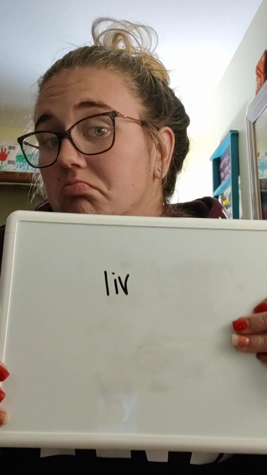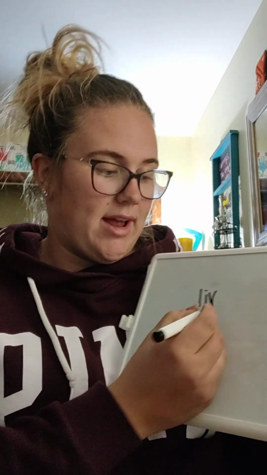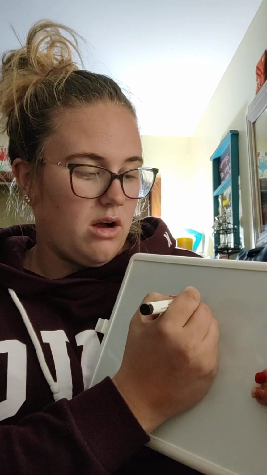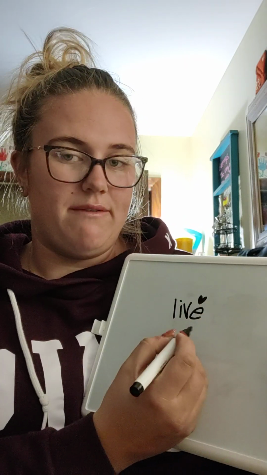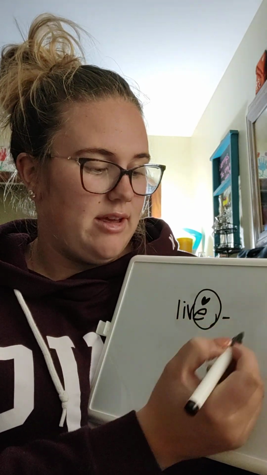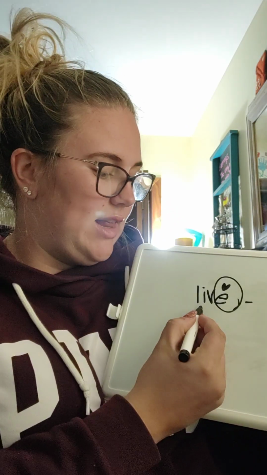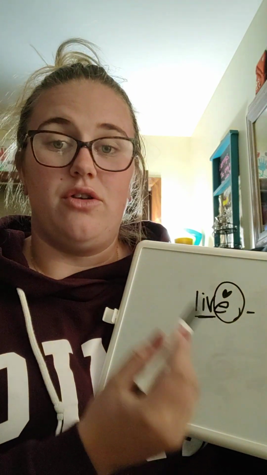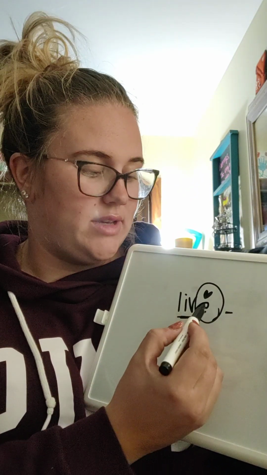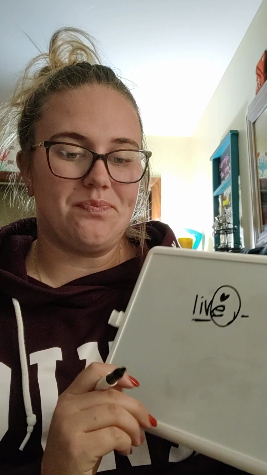They would try to write it the best they could based off the sounds they hear, live. And most times, that's how we'll see it. Because of the fact this E is a heart word based off the fact it's silent. So we don't hear it all the time. We just hear the live. So the students need to know by heart that there's a silent E at the end.